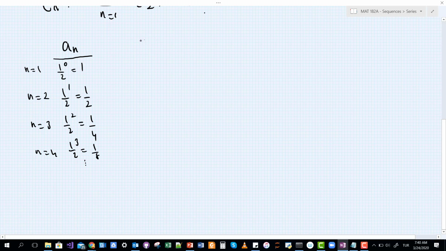So if I try to add these numbers, I need to add element by element. So look at that. A1 is equal to 1. I need to add the first two elements. A1 plus A2 is equal to 1 plus 1 over 2, which is equal to 3 over 2.